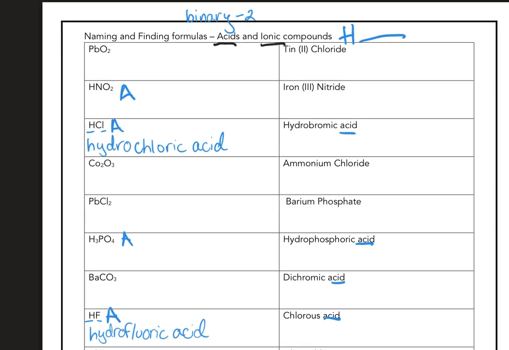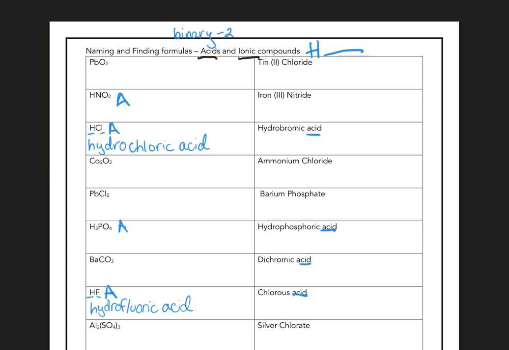All right. Now these other types of acids, so when you have multiple elements, like this first acid here, you have an H, you have an N, and you have an O. That means that you are going to be looking at the back of your periodic table for the polyatomic list that we have, all right? So this is a little more complicated. So you are going to go look for NO2.